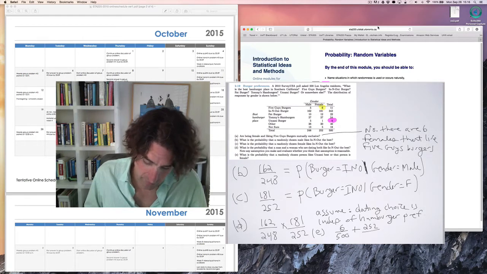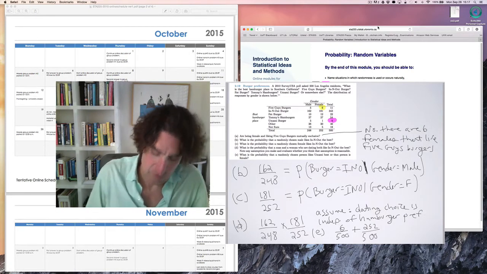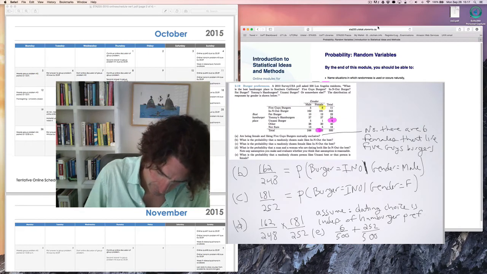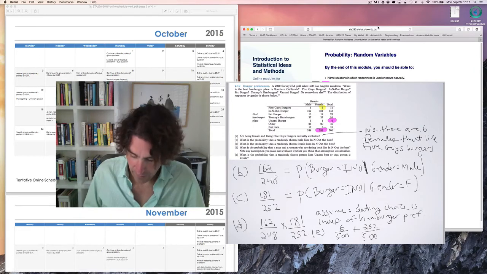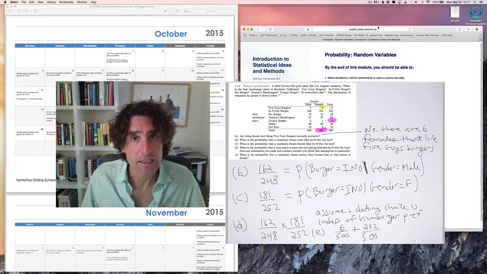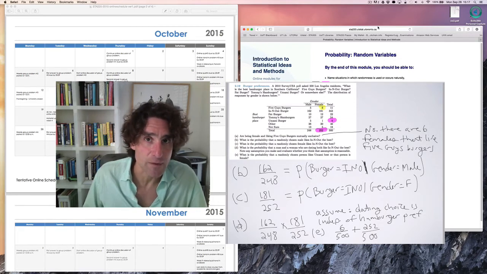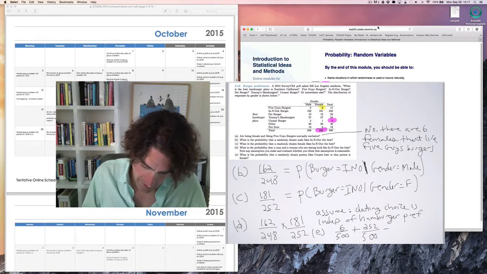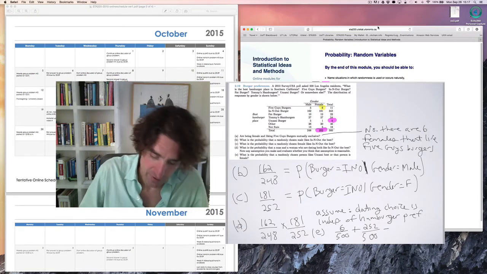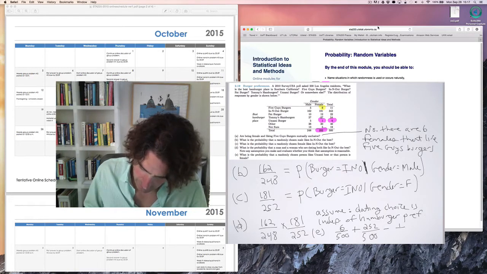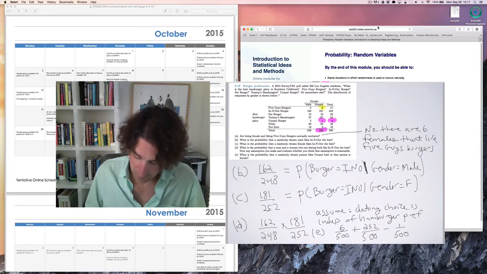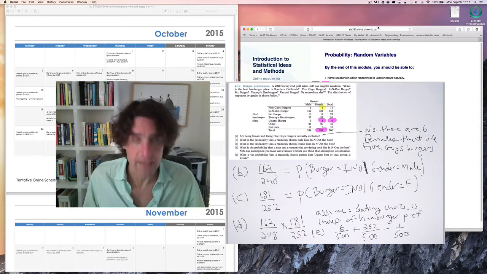Probability of a randomly chosen female is 252 out of 500, because there's 252 females. But we have to subtract off the probability of being female and liking umami burgers, which in this case is 1 female who likes umami burgers. So that's the 1 here, minus 1 out of 500. And that's the answer to part E.